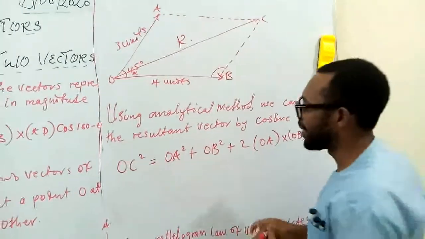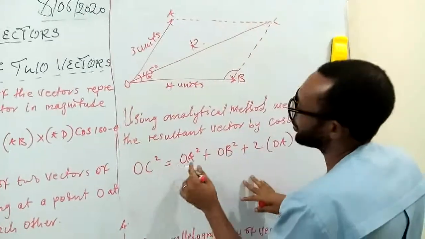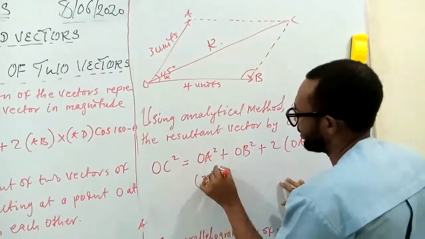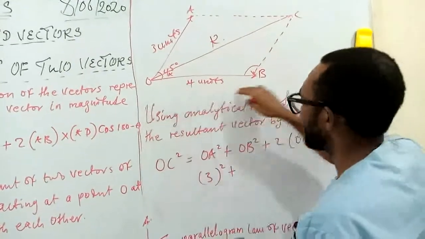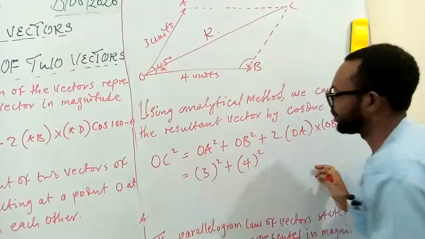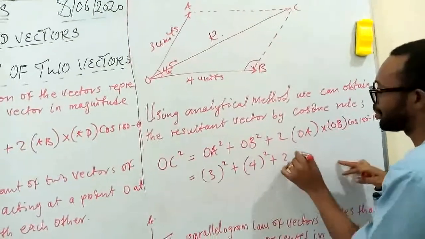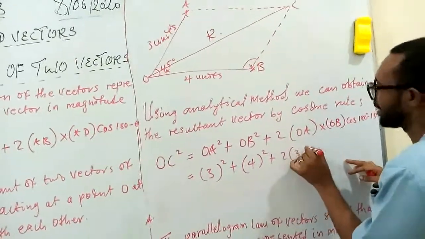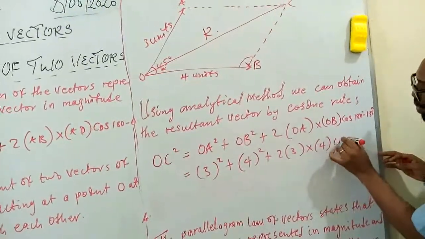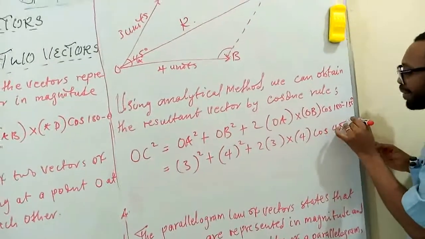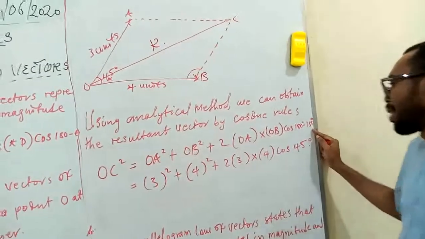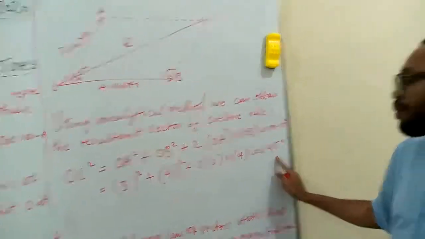Okay. From there you have, what's OC? OA is 3 squared plus OB is 4 squared plus 2 into 3 times 4 cos 45 degrees. Take away 180 minus 135 from 180, you have 45 degrees.